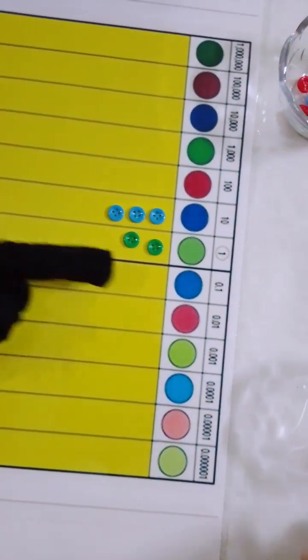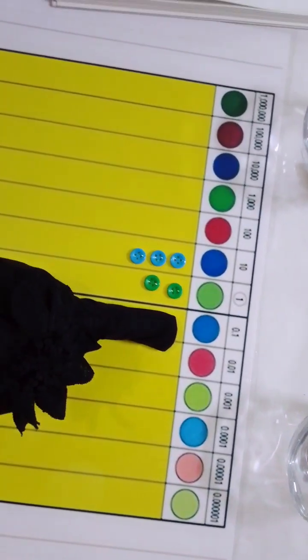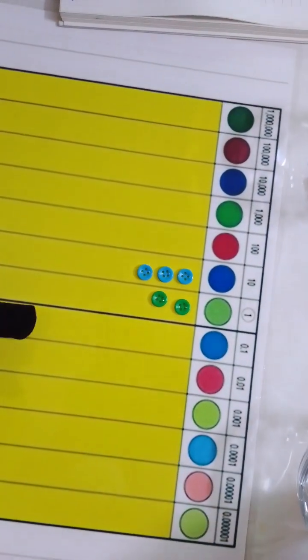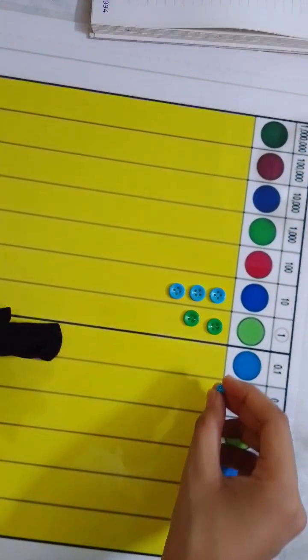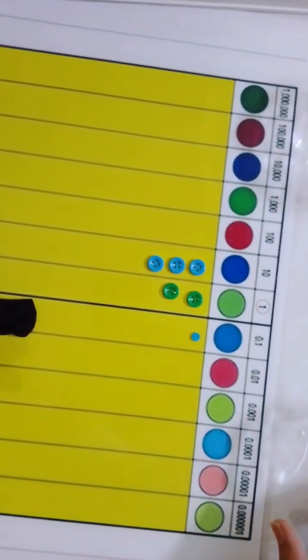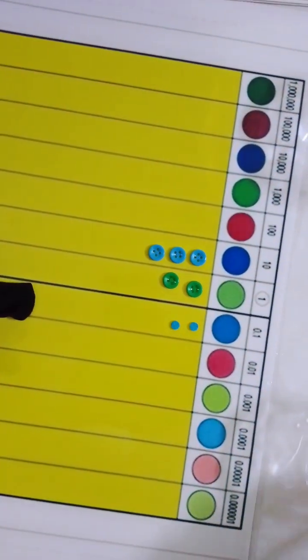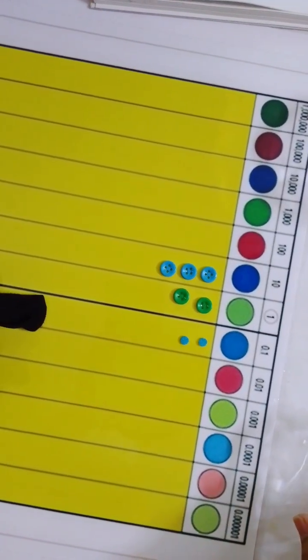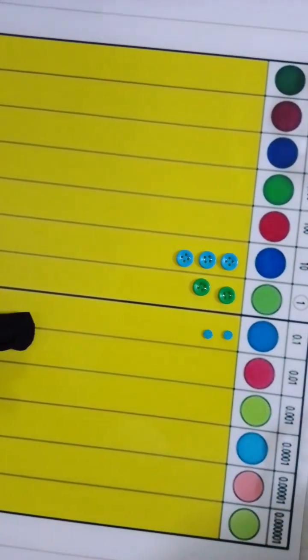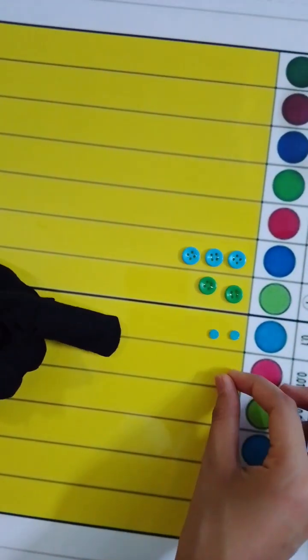And what's the color of tenths? Could you please take out? How many tenths do we need? 2. Wonderful. Excellent. Now how many hundredths do we need? 3. And the color of hundredths is also red.